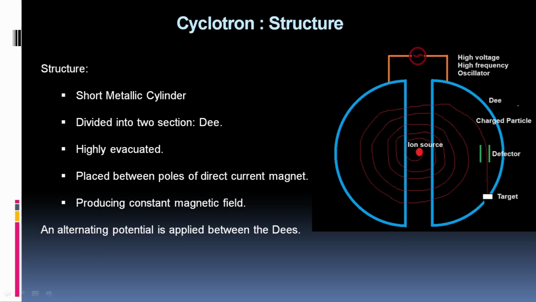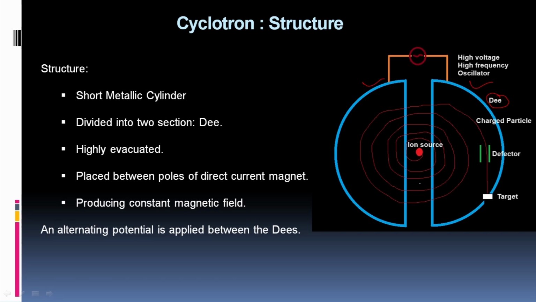Now what is the structure? In the structural design, you can see there is a short metallic cylinder, which is divided into two sections. Here is one section and here the second one. They are known as Ds.